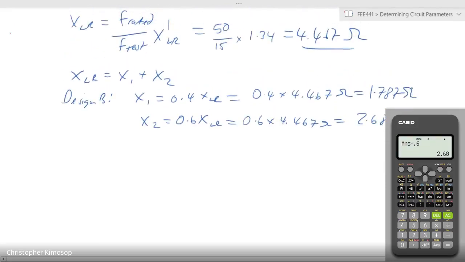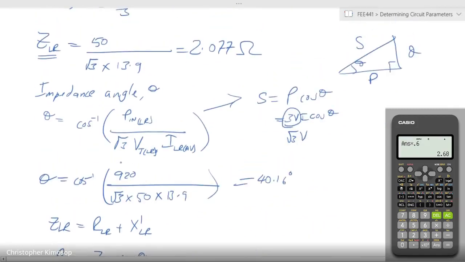So XM can then be established using the formula. XM is given by Z of no load minus X1.